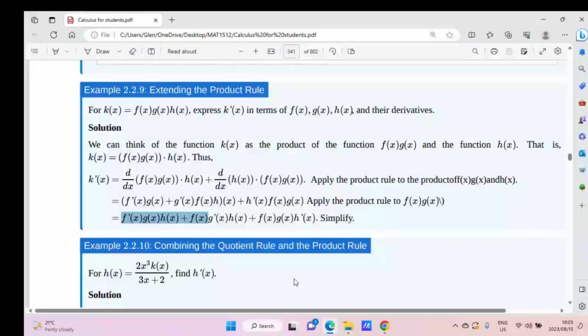Everything squared in the denominator. Yes, that's what I called.